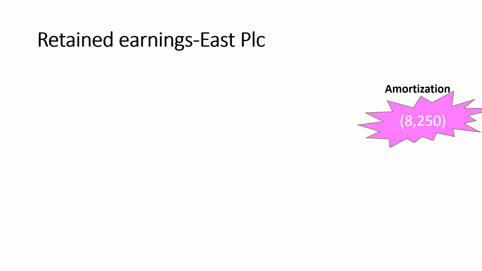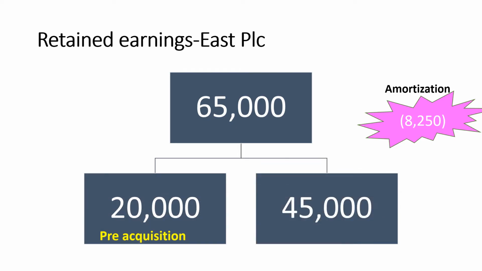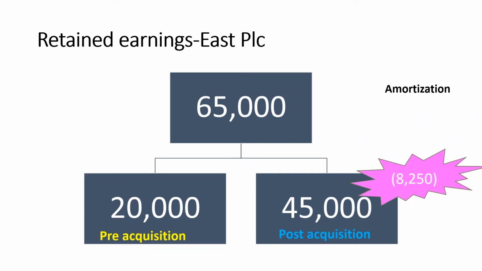In adjustment 1, we have calculated amortization for the intangible asset over the period as 8,250. And I told you it is relating to the post-acquisition profit. So in the consolidation, from the post-acquisition reserves of 45,000, we are going to remove this 8,250.